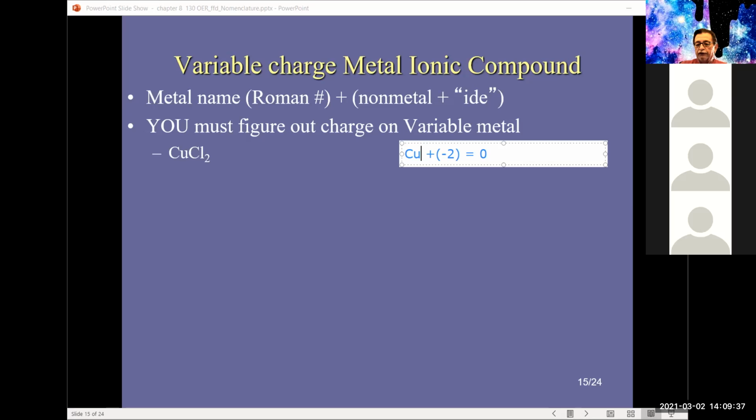So I got to move the -2 over to the right side. And guess what happens? That means that copper is equal to a +2 charge. And that is consistent with the formula I'm given. That must be a +2 because there's 2 chlorides, each one with a -1.